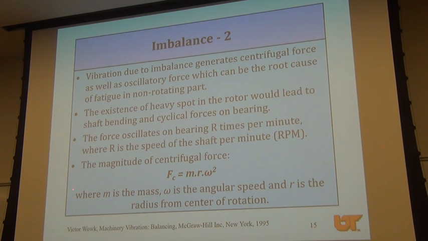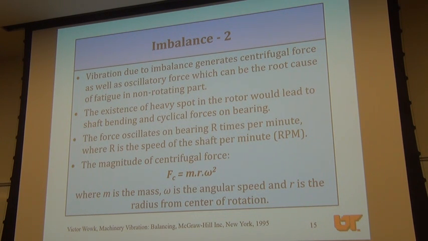And you can read up on these things. There is some discussion of the force acting on the shaft. That is the centrifugal force, mass times acceleration, right? This mass is the mass of the defect times the acceleration. This is angular acceleration, right?